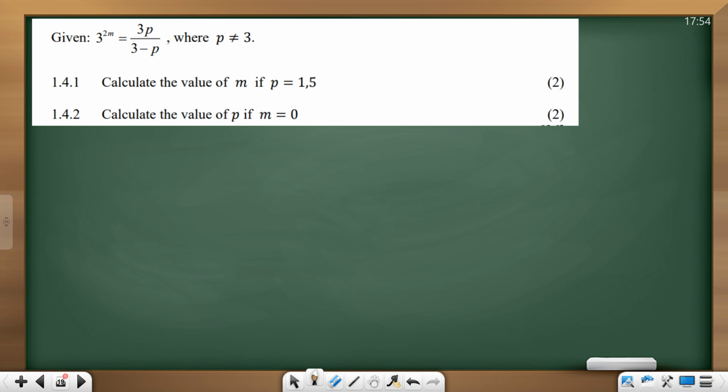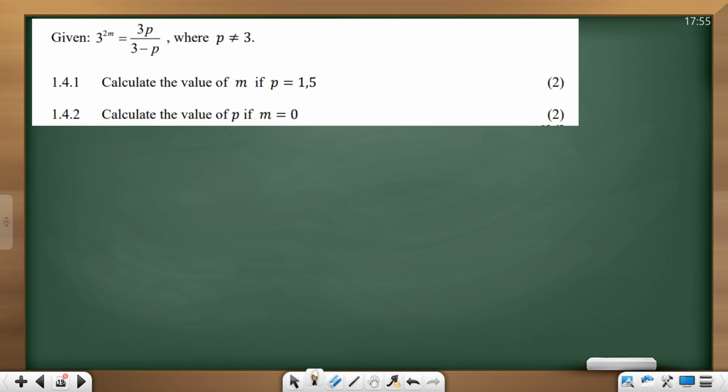It makes sense for them to say p cannot be 3. Once p is 3, the denominator is 0 and this whole thing becomes undefined. So calculate the value of m.